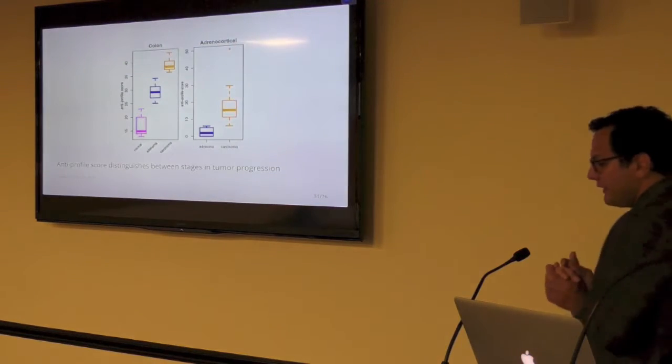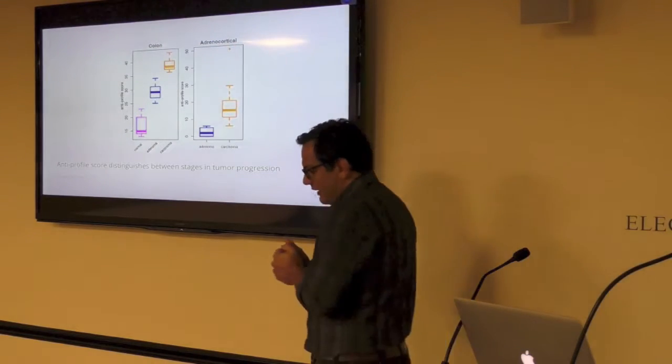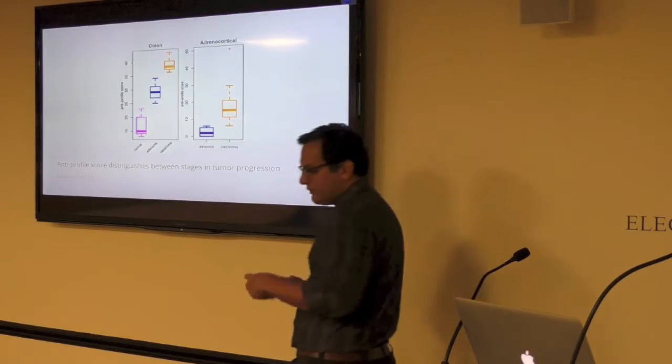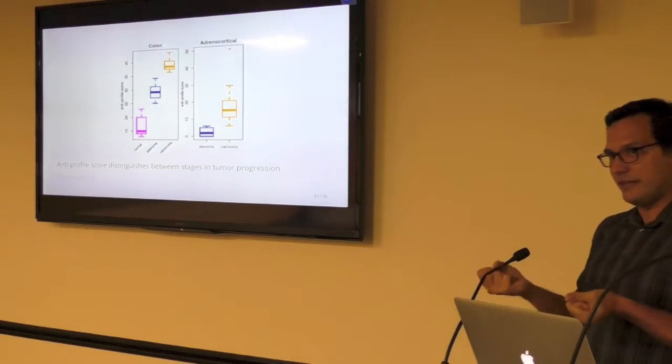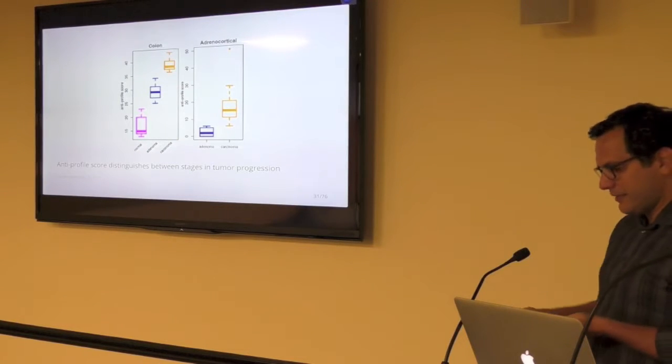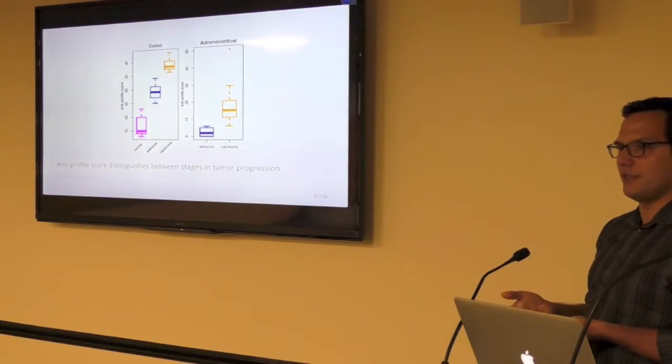All right, and of course, if you ask any oncologist, distinguishing between normal and tumor is an absolutely useless task. They just cut them up and look. So that's not particularly useful.